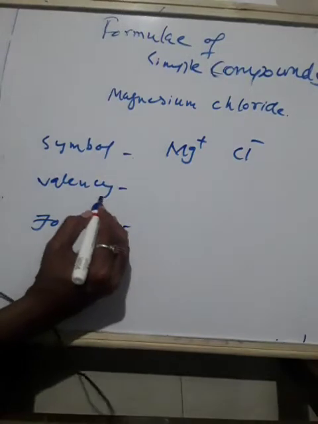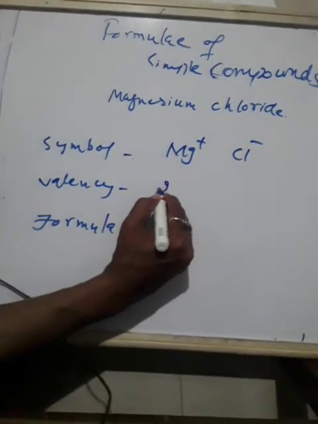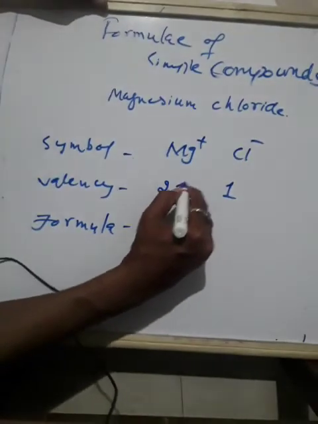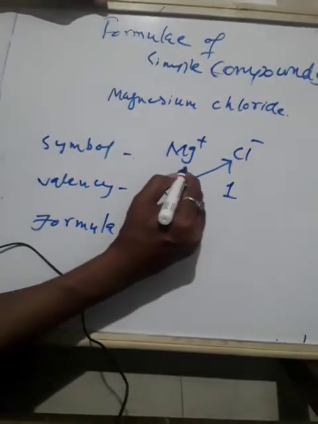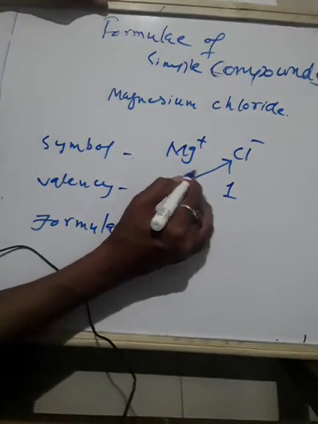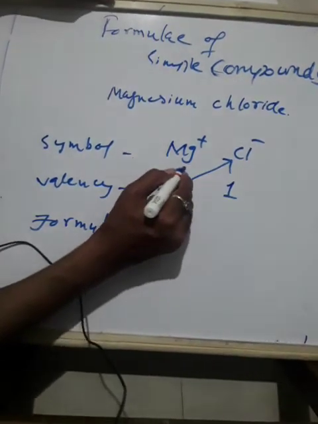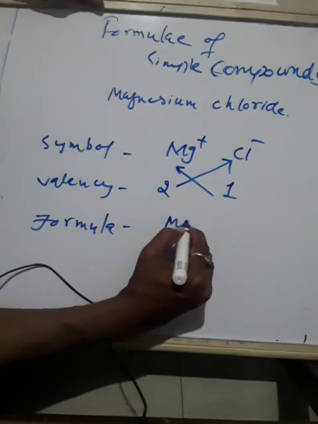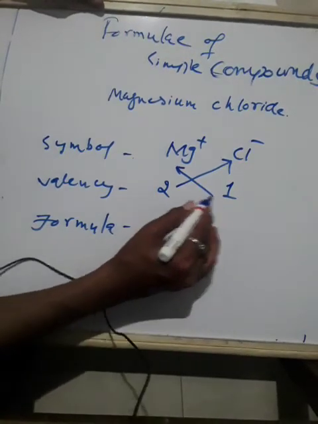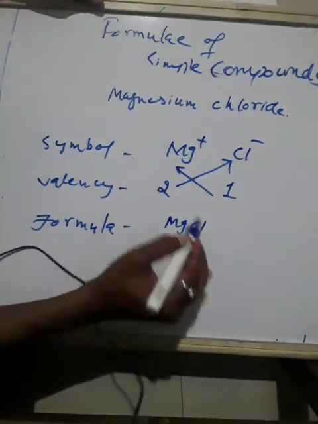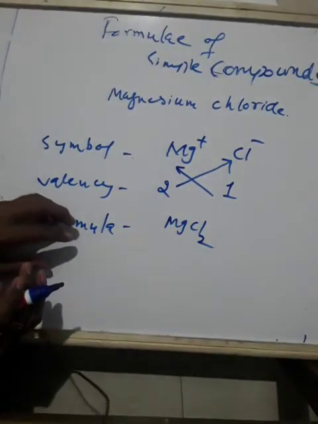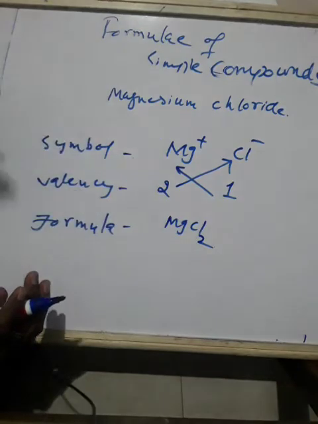So the valency of magnesium is 2 and the valency of chloride is 1. By the crisscross method, 2 goes to chloride and 1 is given to magnesium. So we write MgCl. Mg is 1, no need to write. Cl is 2. So the chemical formula for magnesium chloride is MgCl2.